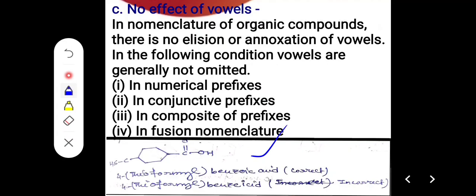But if we consider thioformylbenzoic acid with the O omitted, this spelling is incorrect. We use 4-thioformylbenzoic acid. This is the correct approach.